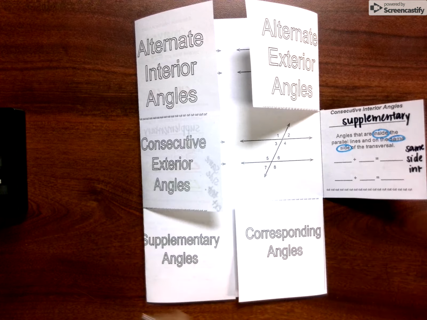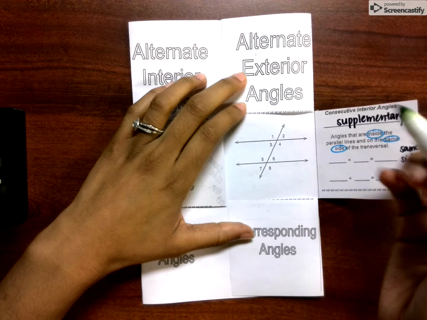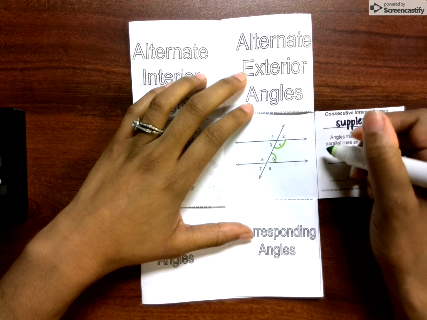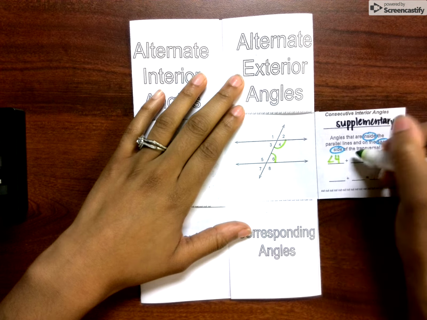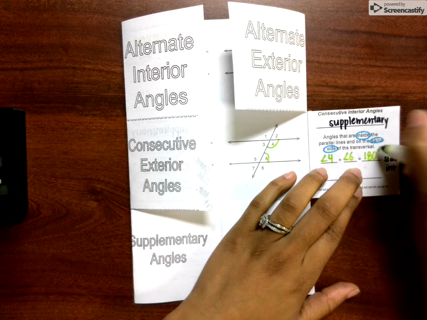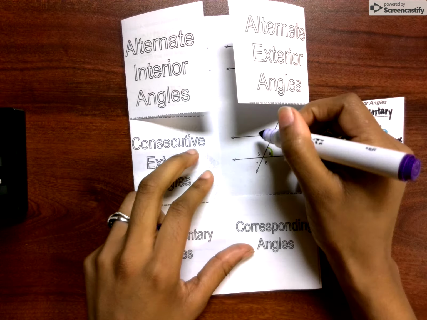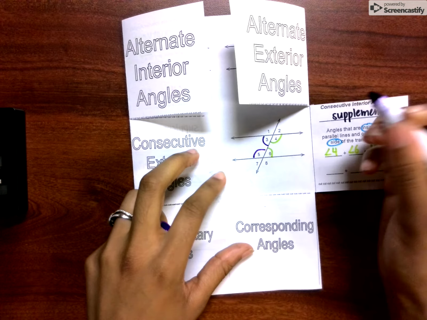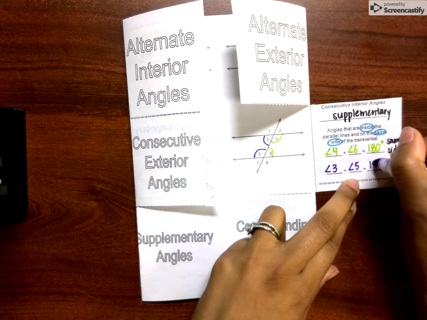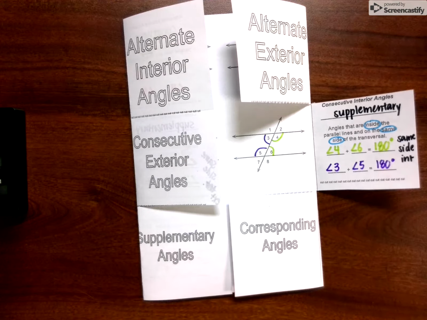Okay, so inside we have angle 4 and angle 6. If I add these two together, the sum total will equal 180 degrees. And then my other pair would consist of angle 3 and angle 5. If I add these two angles together, they will total up to equal 180 degrees.